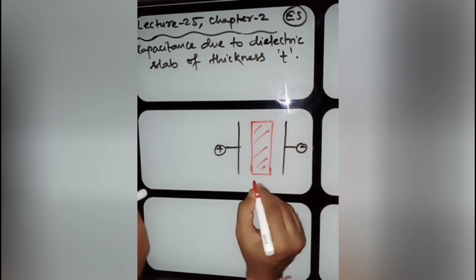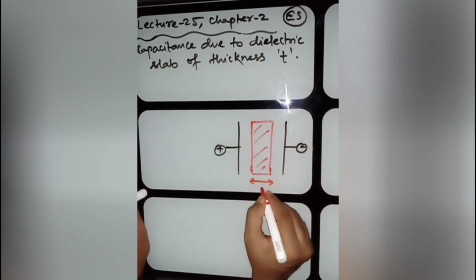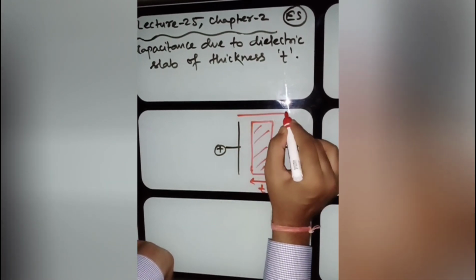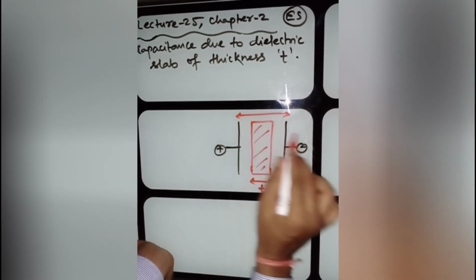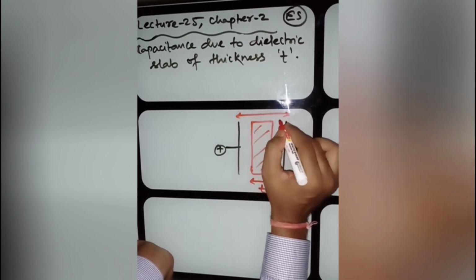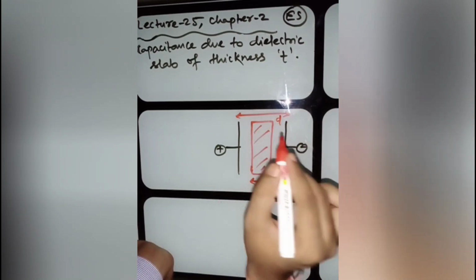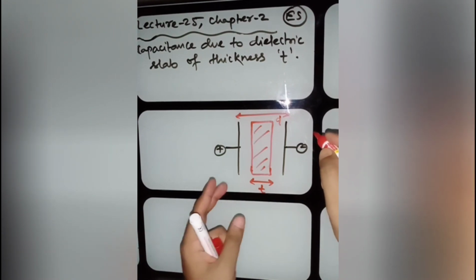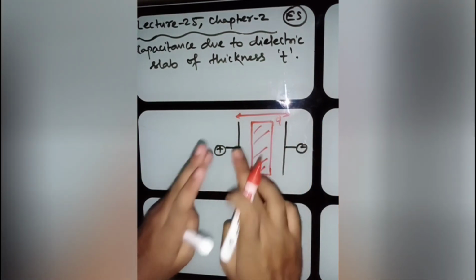This dielectric is of thickness T. If the separation between these two plates is D, then what will be the length of free space?